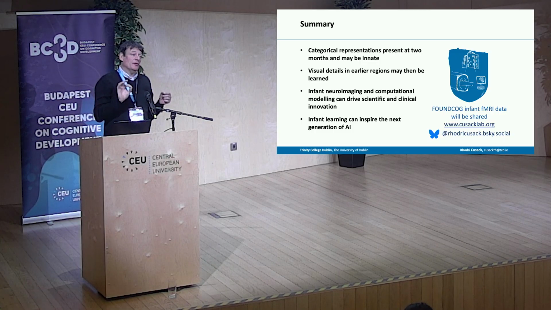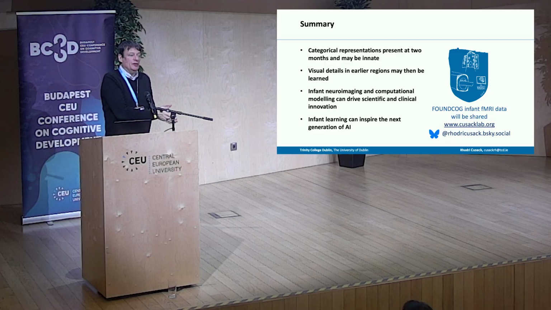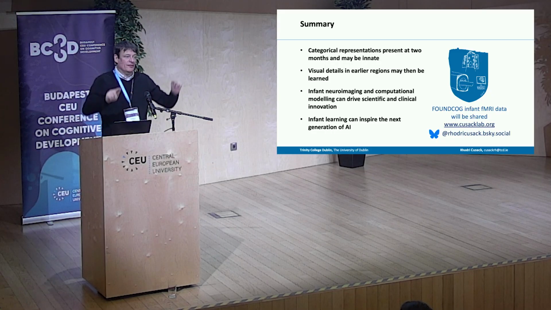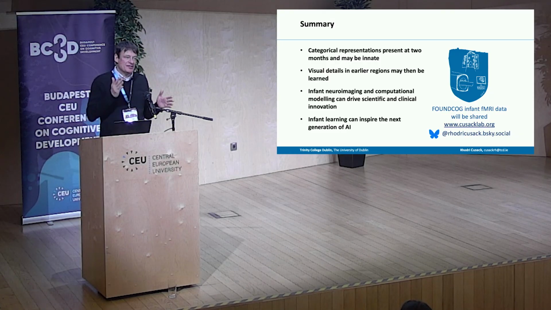You can do the same sort of calculation to get an RDM for the activation in a neural network. So if you've got an activation profile to a cat and an activation profile to a squirrel in a layer of a neural network, just the values, you can correlate those two things together and say how similar is the cat and the squirrel's artificial neural network activation in this layer.